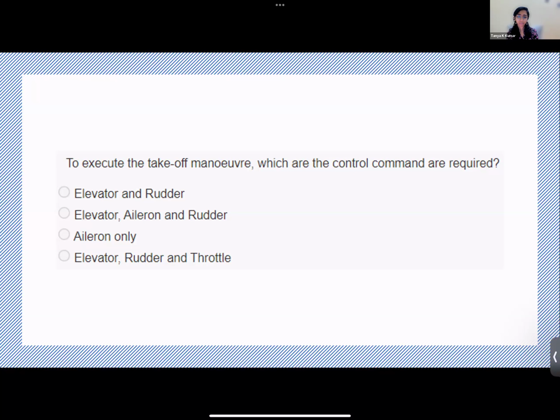Which one would it be? You know you require the throttle, right? So it has to be the last option, but can you justify it?